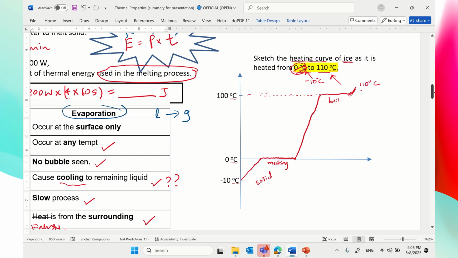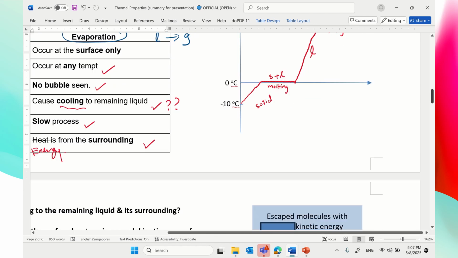So if you were to mark the state here, melting is solid plus liquid. Then this portion here will be totally liquid. The boiling part will be liquid plus gas, and this last part is gas. All right. So you must have some knowledge of sketching heating curves or cooling curves based on the description given.